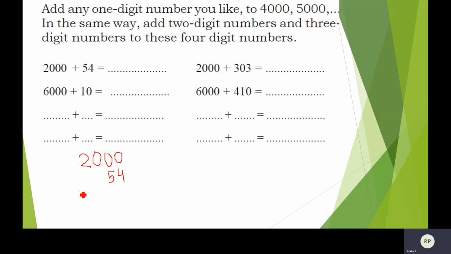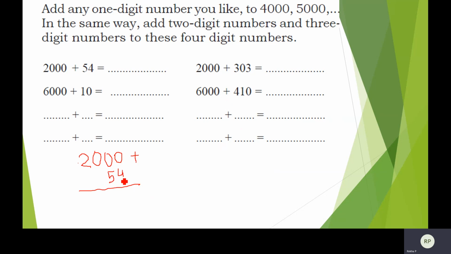Very important, when you add numbers, you have to write the numbers in the proper places. For 2000, you have written it like this. Now the next number is 54, starting from the tens place. Hundreds place, nothing is there in 54. Thousands place, nothing is there.